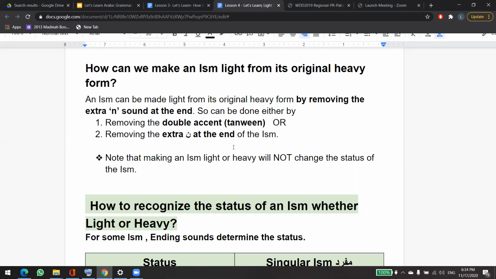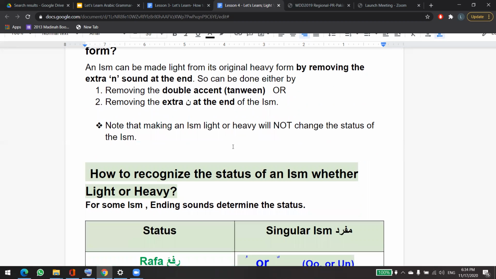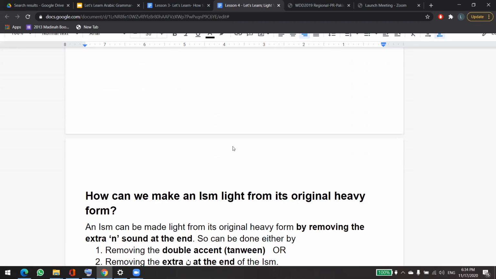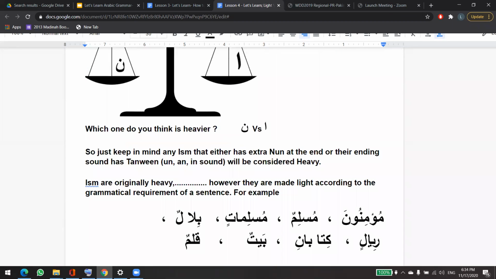So we are not going to remove these noon while making an ism light, but there are extra noon like Muslimuna, Muslimina, or Kitabani, Kalamani. Kalamani, two pens, or Baitani, two houses.